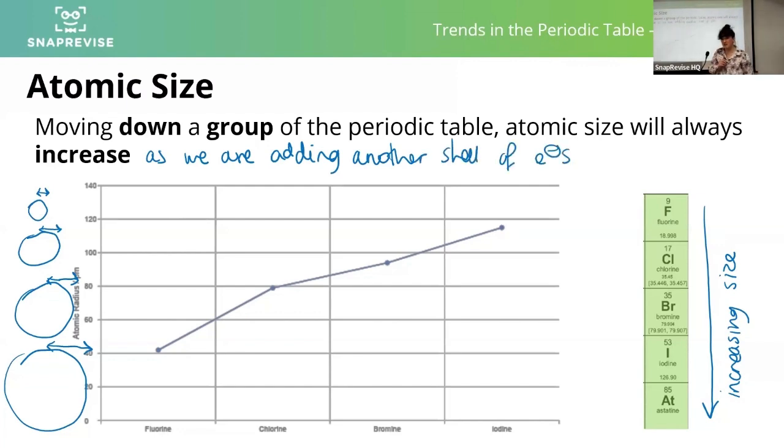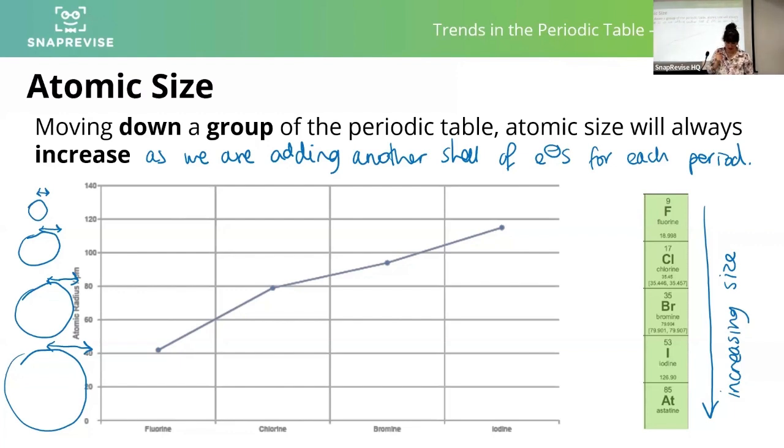So e minus, I'm just using as electrons because I'm lazy. In an exam, please write it out as the full word electrons, but I'm just being lazy for now. So we're adding another shell of electrons for each period. The period number tells you the number of shells of electrons in that atom.